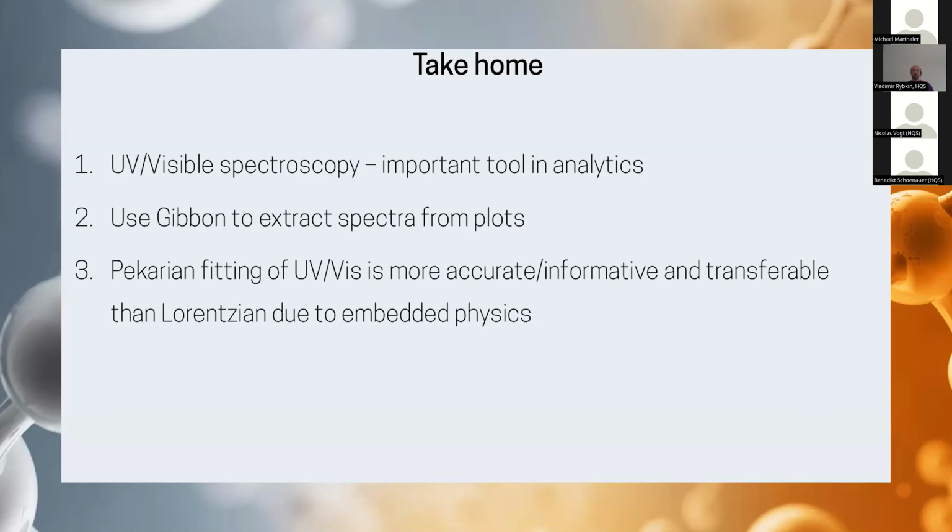With this, I'm about to finish. I was trying to tell you that ultraviolet and visible spectroscopy is an important tool in analytical chemistry. That one can rescue data from old PDFs using Gibbon, which is developed by HQS, and we are looking forward to seeing your response, whether it's interesting for you.